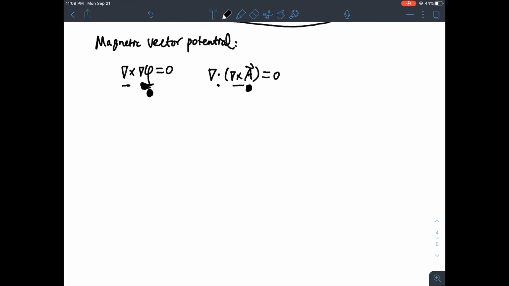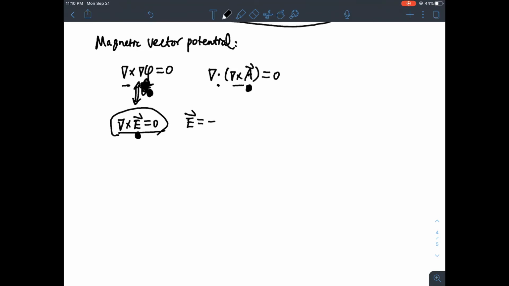Now let us remember that for the electric field, we said the field really diverges out from positive charges, so it's curlless. In other words, we have this. If you look at this formula, you can see that we can write down E as some gradient of a function. That is what we did.